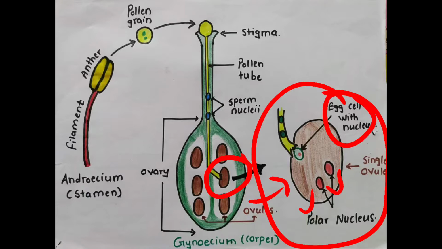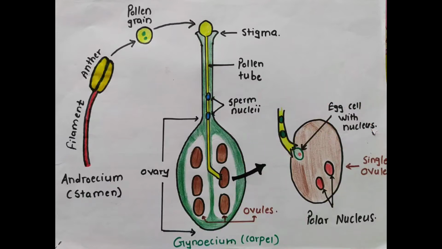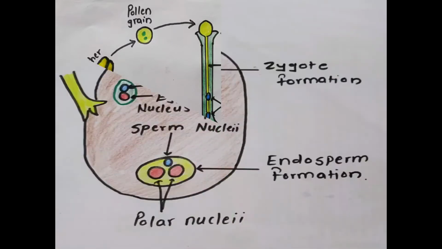So one of the sperm cells, or we can say male gametes, unites with the egg cell and the other nucleus unites with the polar nuclei. Once the male gametes reach the ovule, they unite with the female nuclei. Let's see the process in detail.